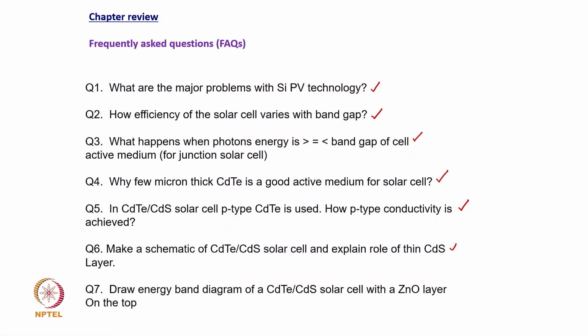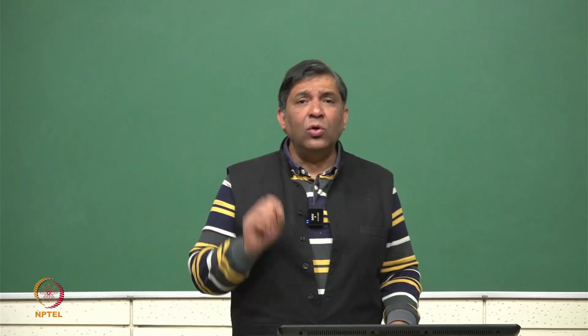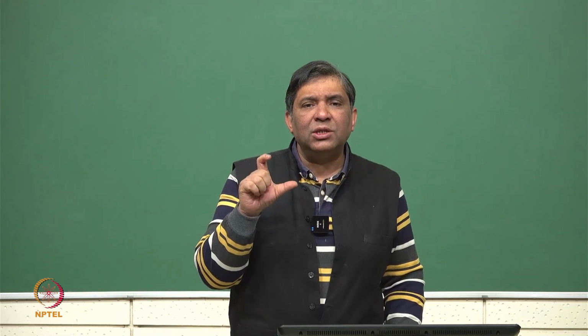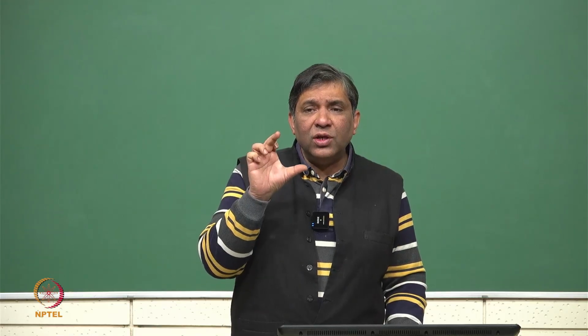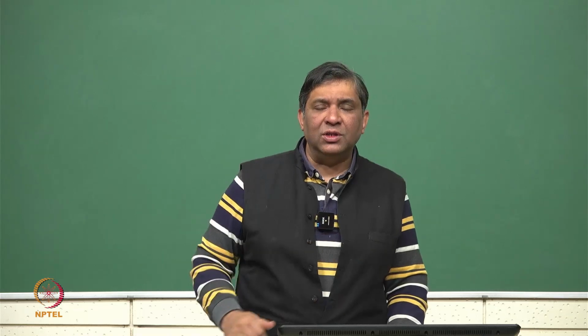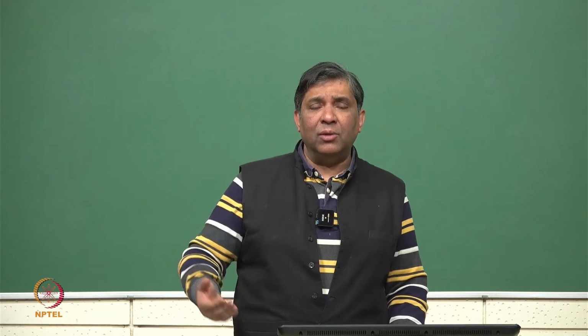So, we have already drawn the CdTe CdS schematic. The role of the CdS layer is very important, because it not only forms the active junction with CdTe, but also acts like a window for photons to be transmitted and fall on the junction because of its higher band gap.